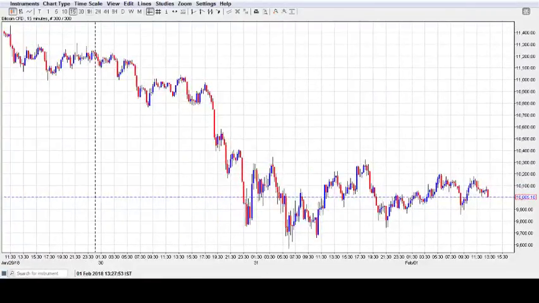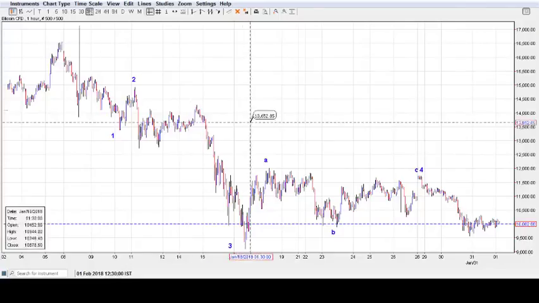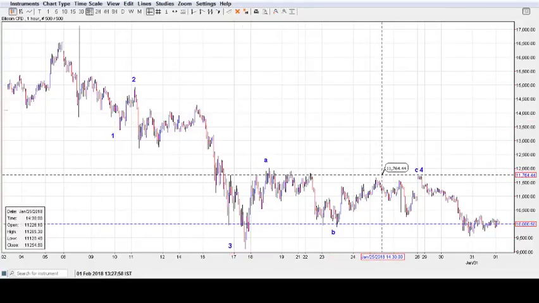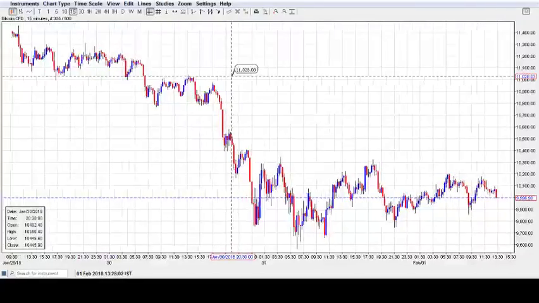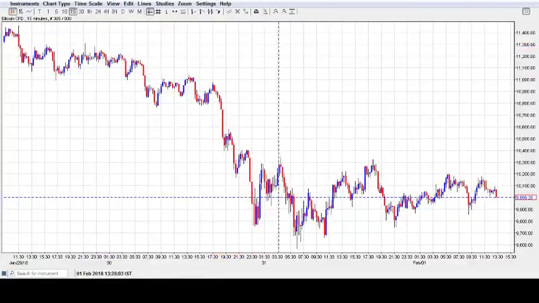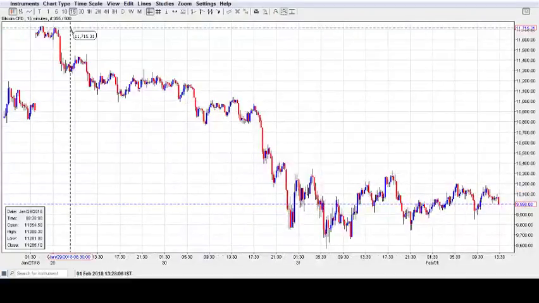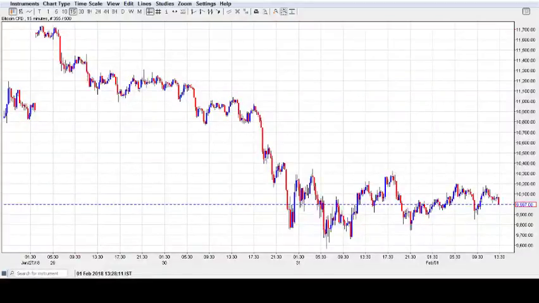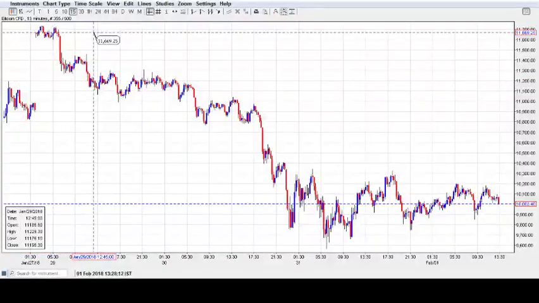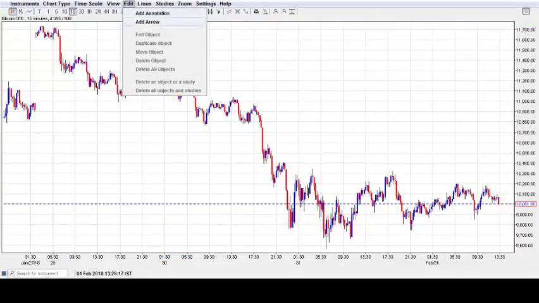So beginning with where was the termination point of the wave 4? I think 11,700. So how do you again start playing? You start playing from 11,700, right? Counting 5 again.